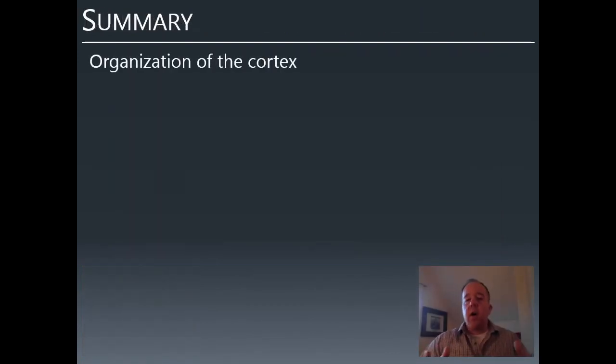Okay, so we saw a number of things today. Again, we have a little more content today than we usually do. We saw how the cortex is organized. Lobes, gyri, sulci, different parts, different functions, the frontal lobe, parietal lobe, occipital lobe, temporal lobe, handling reasoning and planning, attention and sensory integration, vision, and hearing, respectively.